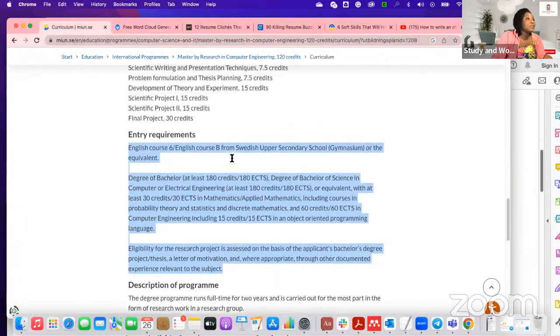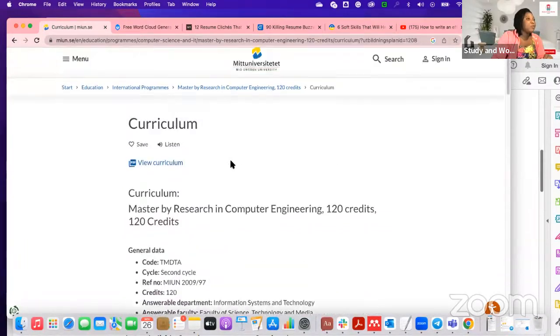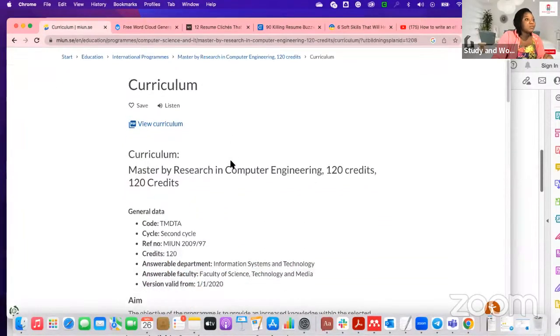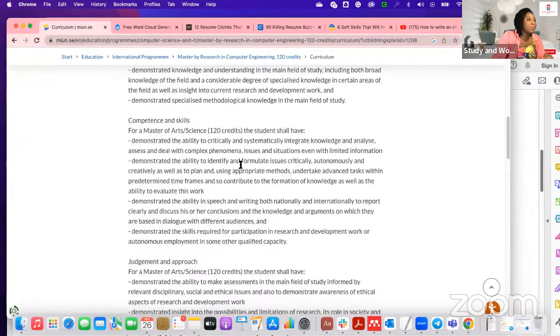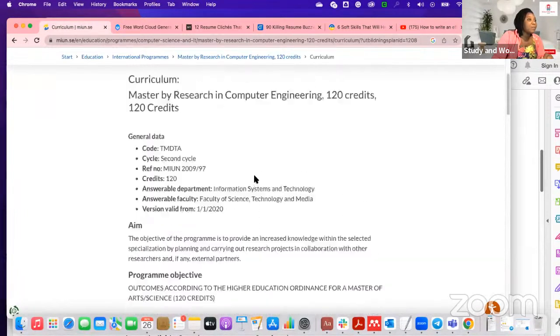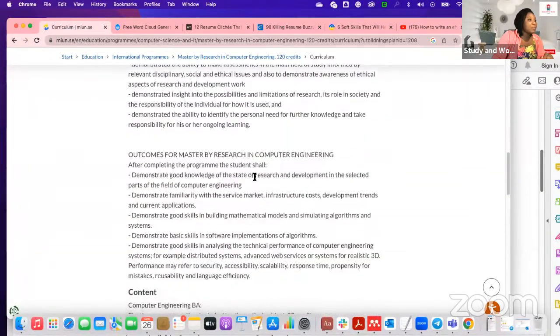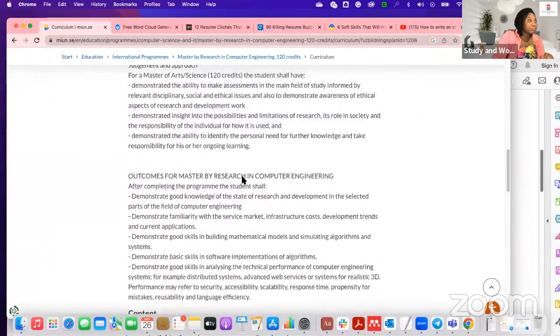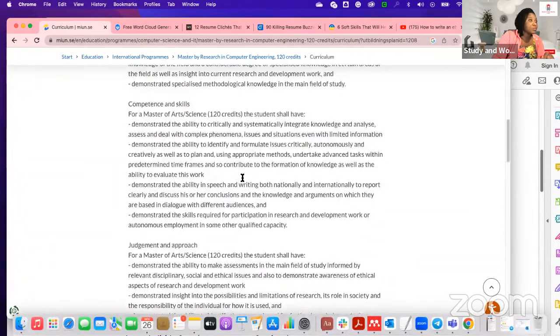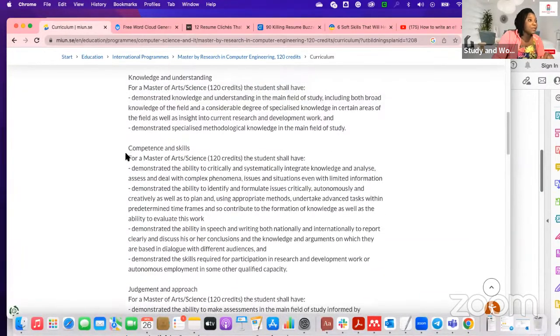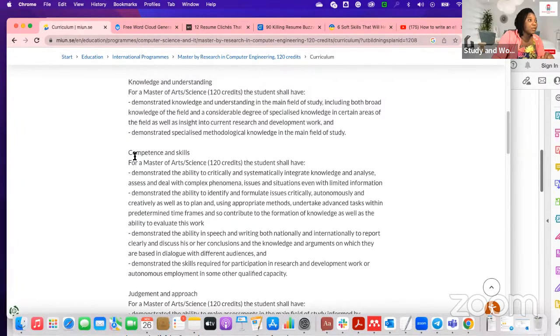So for instance, this is a requirement for one of the programs in one of the universities that you are applying to. And you can look at places like the competence and skills. Okay.